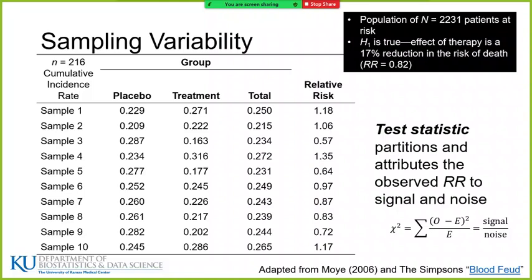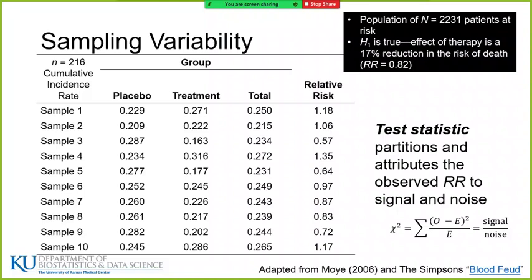The way we quantify that is through something called a confidence interval. So when you see confidence intervals around statistics like this relative risk, they're just telling you the impact of sampling variability. So for instance, if my confidence interval went all the way down to 0.9 and all the way up to 1.3, what that's saying is sampling variability could cause other studies, with this study size and these study parameters, to produce relative risks anywhere between 0.9 and 1.3.